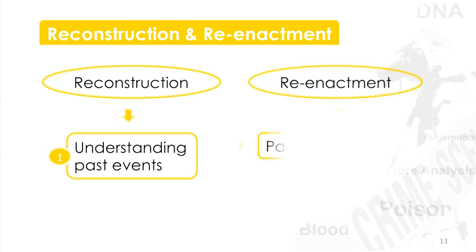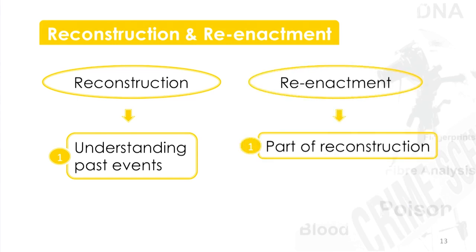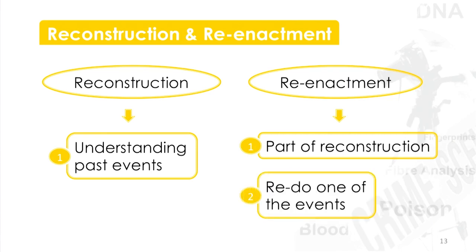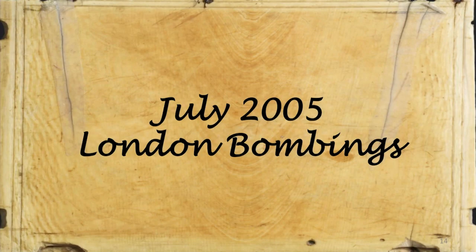Reenactment may be part of reconstruction, but reenactment is taking it further, where you actually go back and you redo one of the events. You might use reenactment when the events include something that is beyond your normal experience, or where there's some special phenomenon that you want to test. And it's only by reenacting it that you can be sure of what really happened.